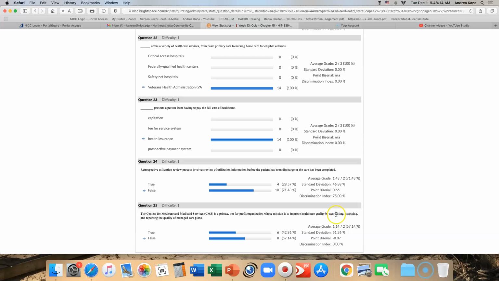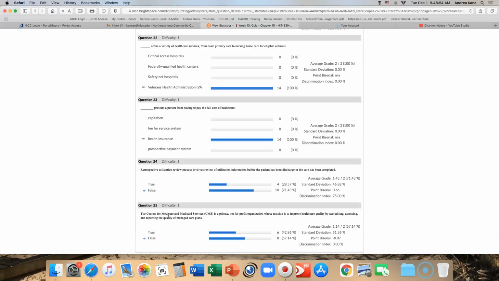And they also don't accredit, assess, or report the quality of managed care plans. They don't do any of that. So that's what should have given this one away as false. The correct answer on that is NCQA.